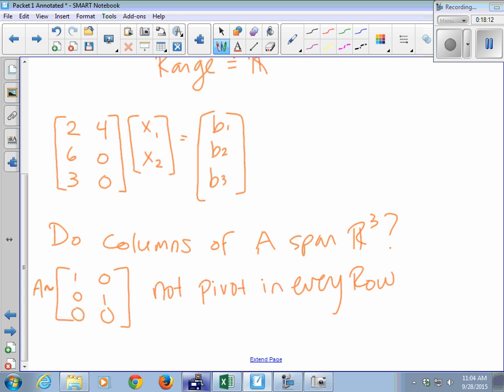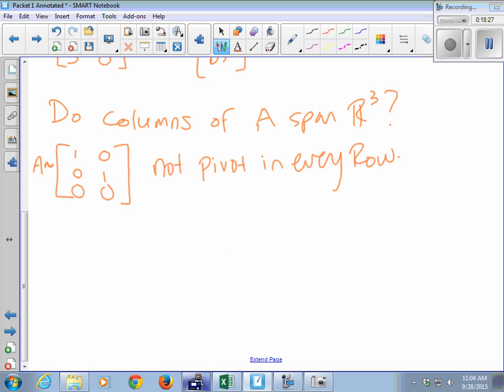So this means it does not span R3. There will be a B1, B2, B3 that you can pick that would make this system inconsistent. Right? So there's not a pivot in every row. That tells you that T does not map onto R3.